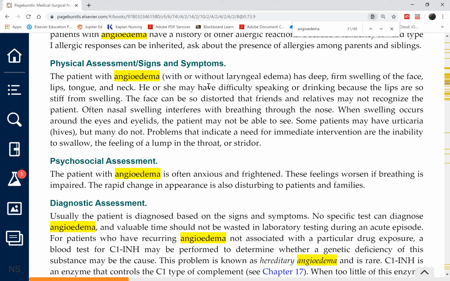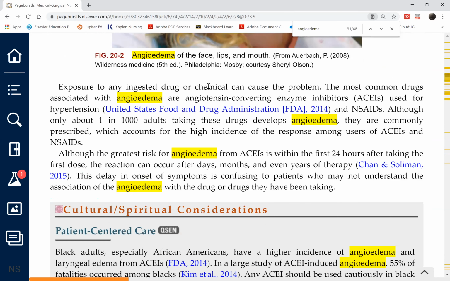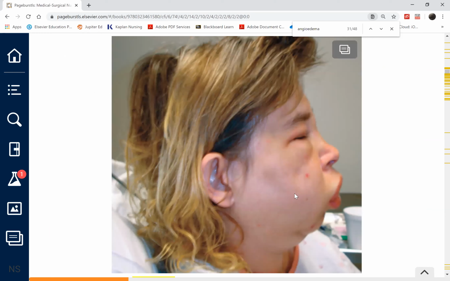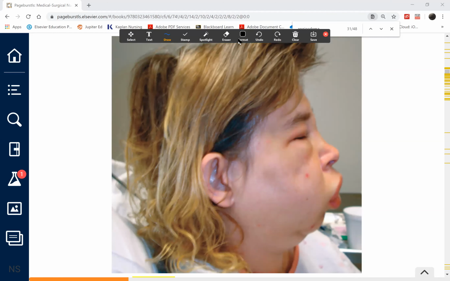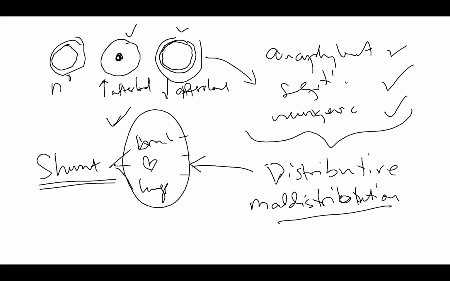So the angioedema here, why does the patient look like this? Are the vessels constricting or dilating? They are dilating. That's the only explanation why there is increased blood flow to the skin. To illustrate, let's say this is your trachea, and I'm looking down his neck and down his trachea.